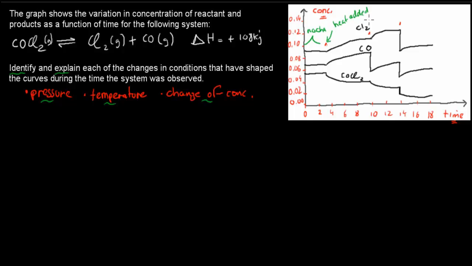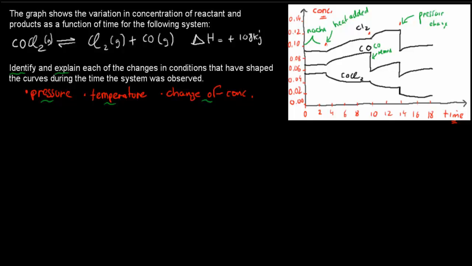I'm going to go over all of these steps in a second. Here, carbon monoxide was removed at this stage. And here, the pressure was changed, and then the equilibrium reacted in every case.